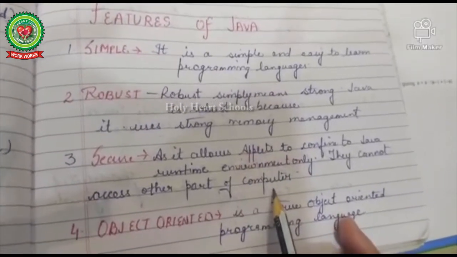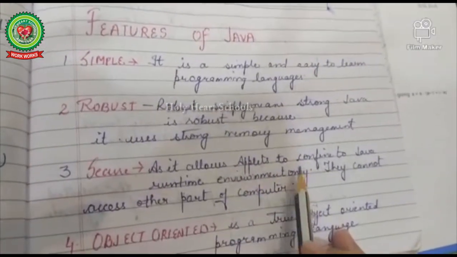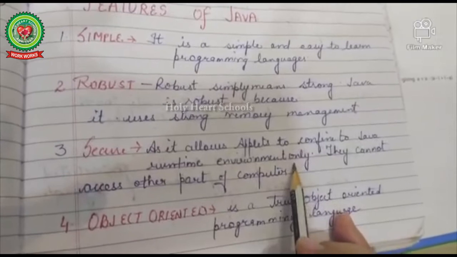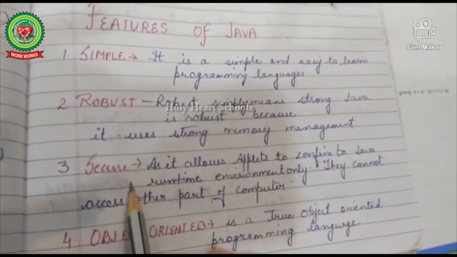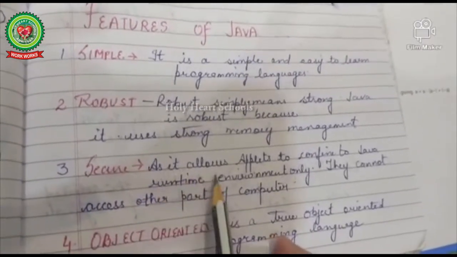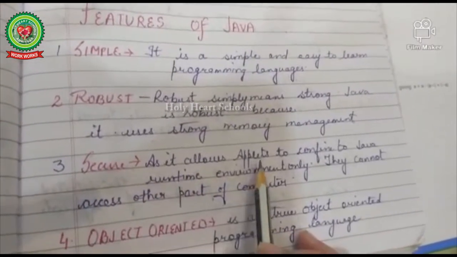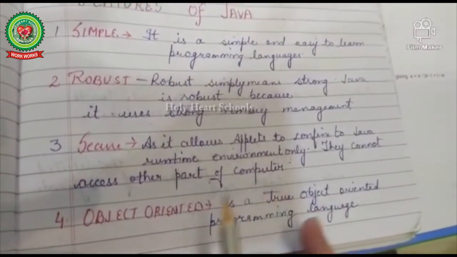It will not harm that part of the computer. It will be limited only to the Java runtime environment. That's why Java is a secure language. Means if we have installed Java in our computer or our programs are running there, it will not allow the applets to access the other parts of the computer.